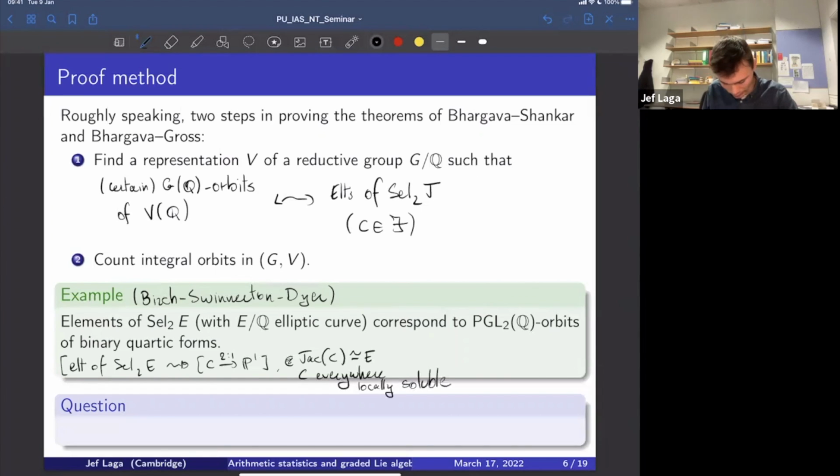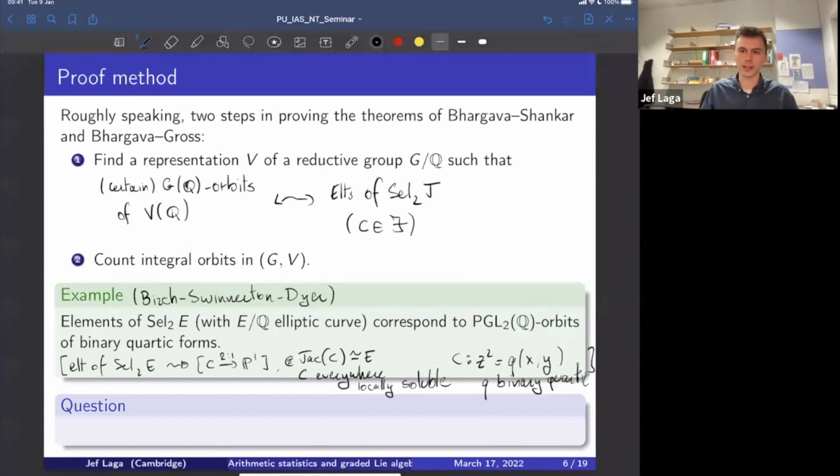And in fact, choosing an equation for C, you can describe it as z squared equals some binary quartic form. Changing coordinates will change this binary quartic form by PGL_2(Q) conjugation. So that's a very easy and explicit algebro-geometric way.